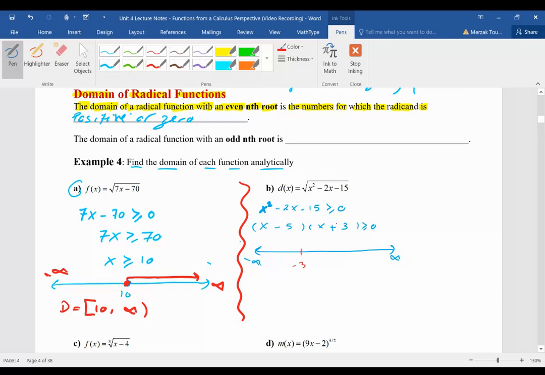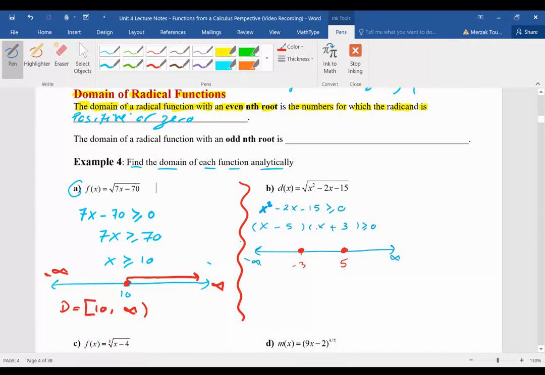Do we include this 0? Yes, because this is greater than or equal to 0, so we have a closed circle. The product is also 0 when x equals 5. Do we include it? Yes, so it must be a closed circle.